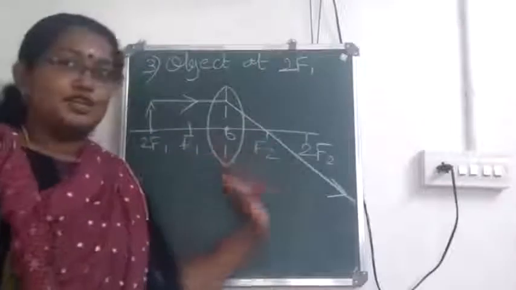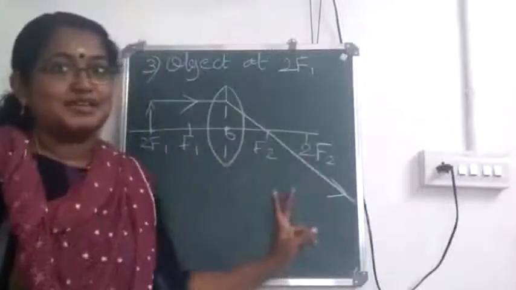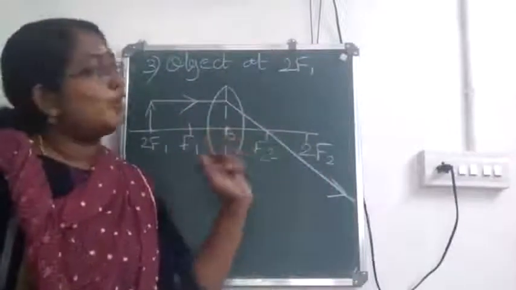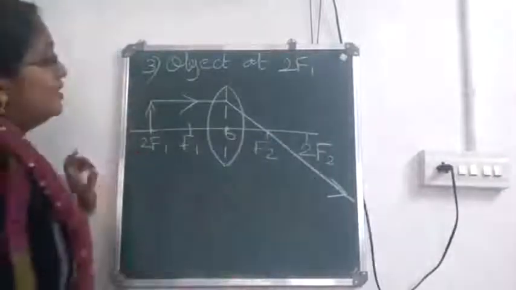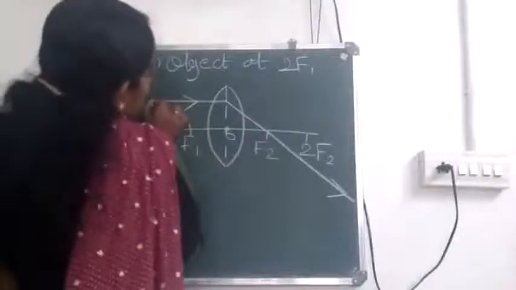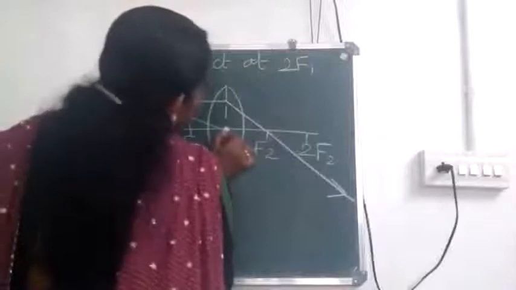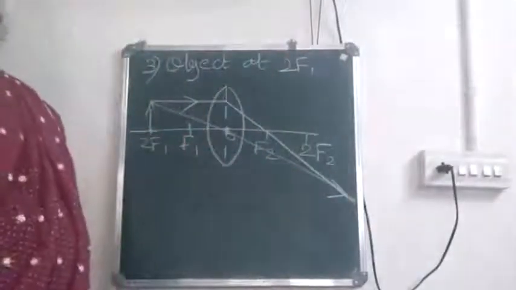Now, what are the things we have to remember before drawing the second ray? Two refracted rays should meet. Where should we get the image here? If the object is at 2F1, image should be at 2F2 and the size should be same. So, it is a little bit difficult to get this since I am drawing it directly. Anyway, let me check. No. My rays didn't meet together.